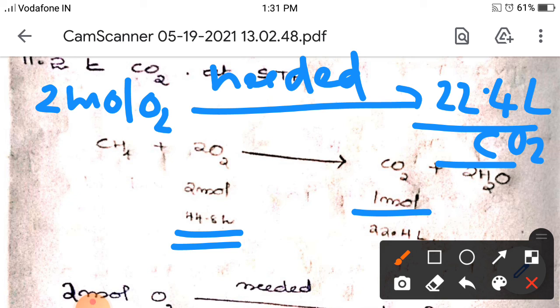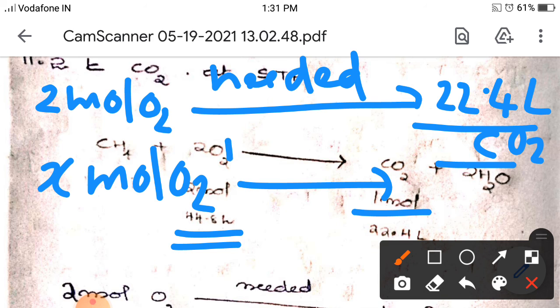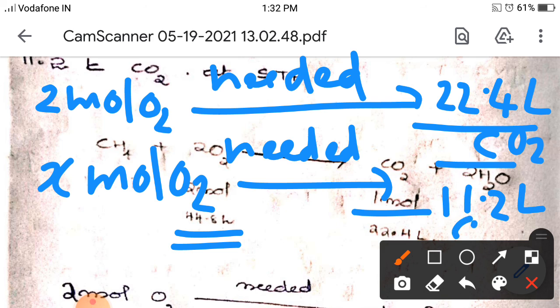Now we want to calculate the moles of O2 needed to produce 11.2 liter carbon dioxide. So x mole O2 is needed to produce 11.2 liter carbon dioxide.